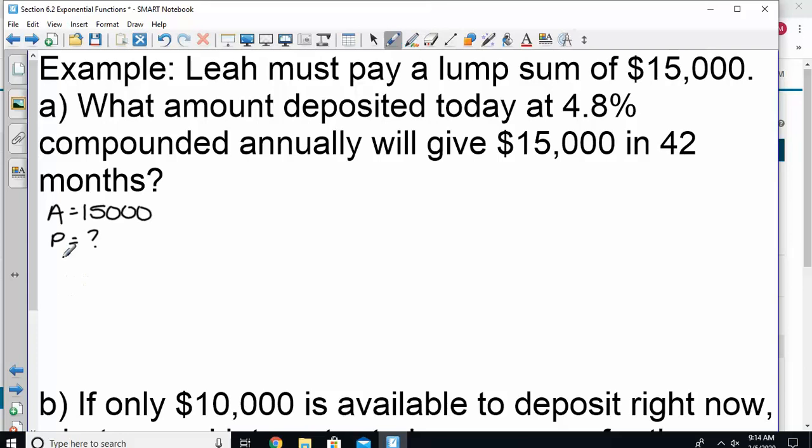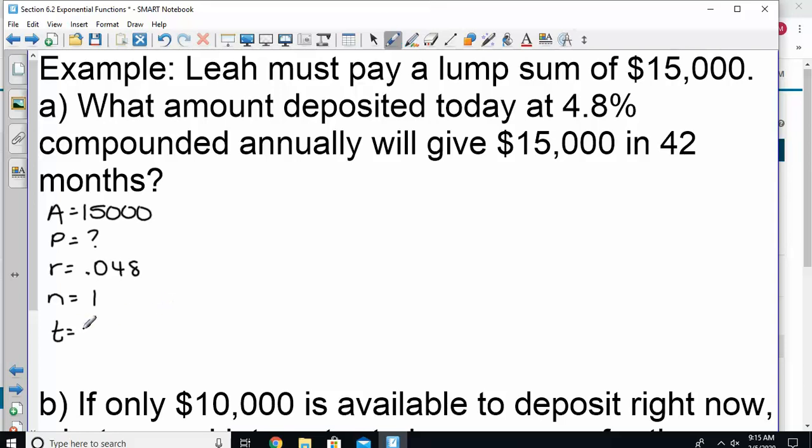We don't know. My rate would be 0.048. If it's a percent, you move your decimal back 2 places. Compounded annually. So N is how many times per year? 1. And my time, if I'm talking about 42 months, 3.5 years.